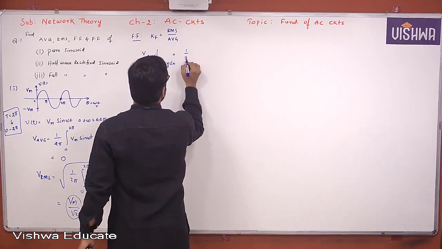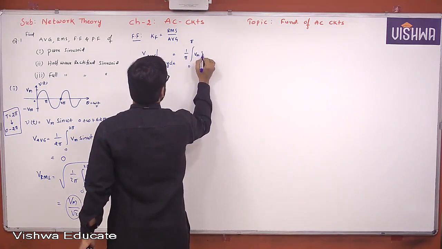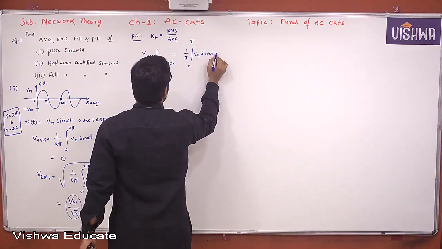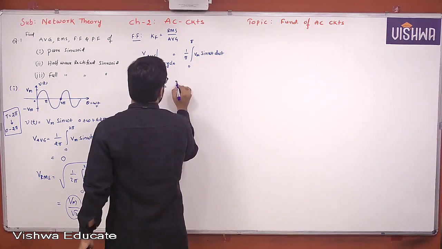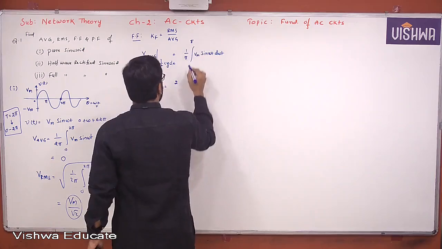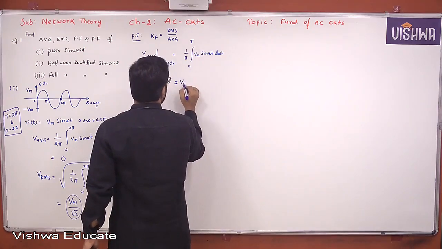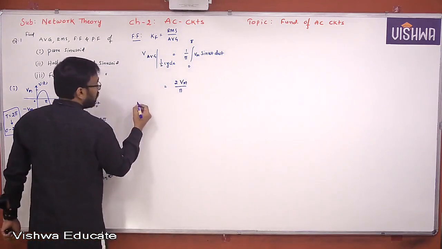Okay. Now, what is that? 1 by pi, 0 to pi, V max sine omega t d omega t. What do you get here? If you simplify, integral of sine omega t is nothing but minus cos omega t. You substitute 0 to pi, it becomes 2 V max by pi. This is the value. Now let's find what the form factor is.